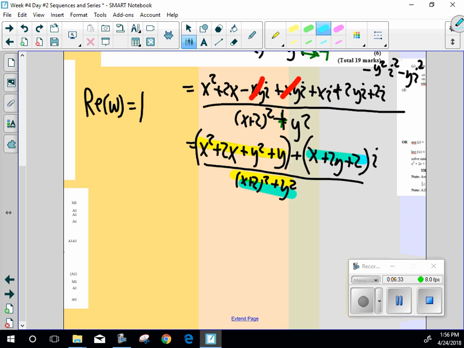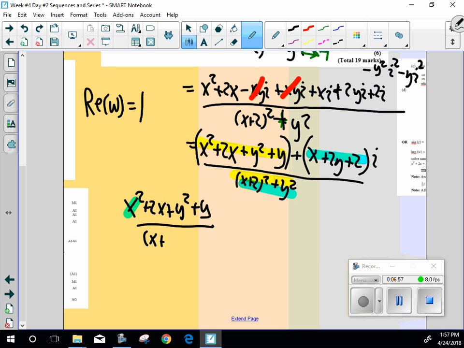Which is the real part, yellow or blue? Yellow. And what are they saying here? Set just the yellow equal to what? Do it. So they took the real part, which is in yellow, which is x squared plus 2x plus y squared plus y over (x plus 2) squared plus y squared equals 1.